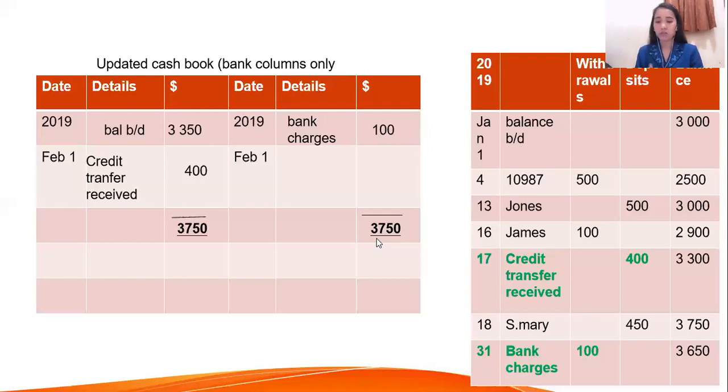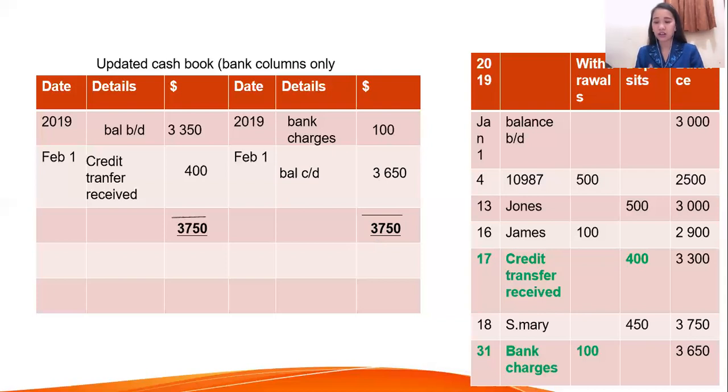But on the credit side, 3,750 deduct 100, how much is that? It's about 3,650. So we put the number in here, 3,650, and we put on the debit side bulk CD, February 1st.